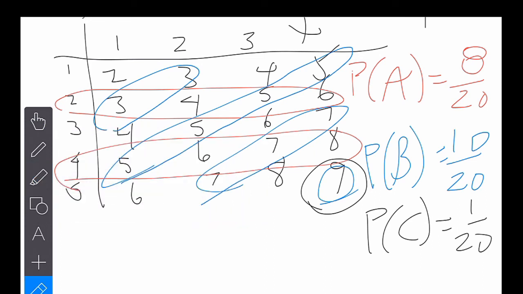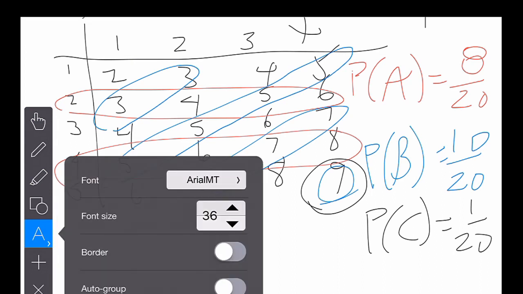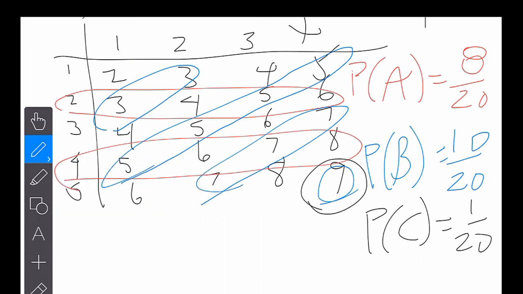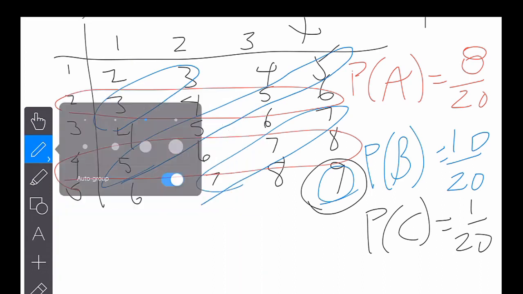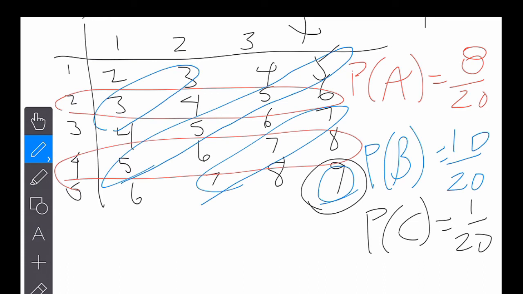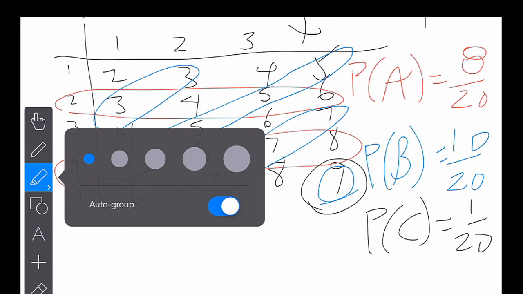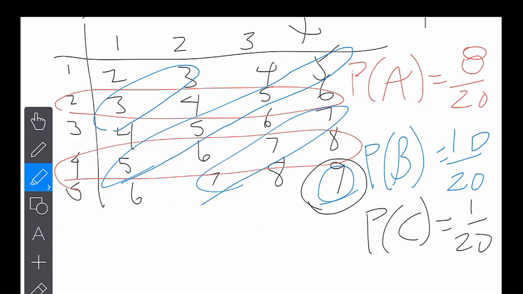No, that's an eraser. It's funny that I only have 3 colors. I am going to use a square.